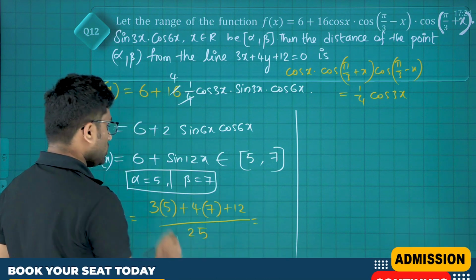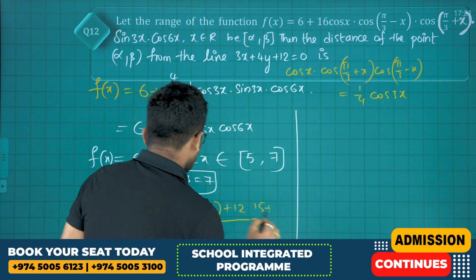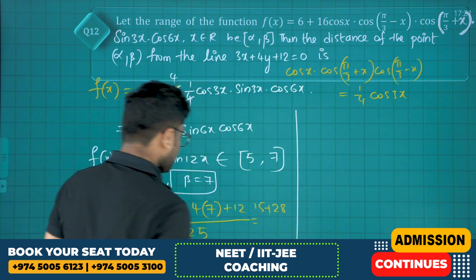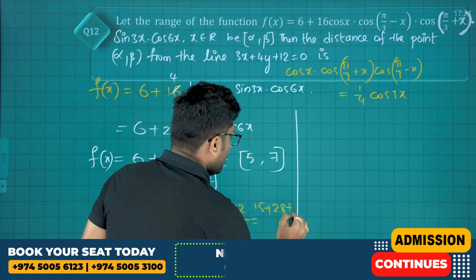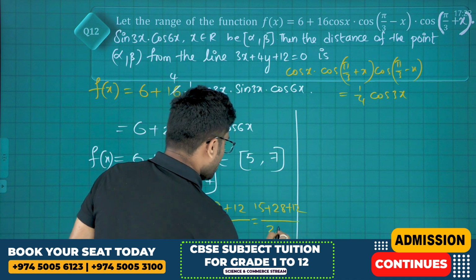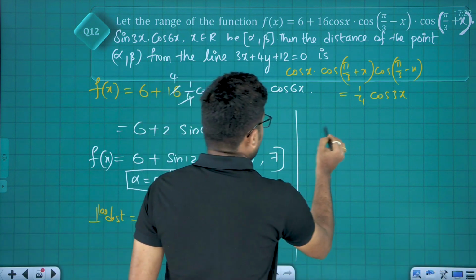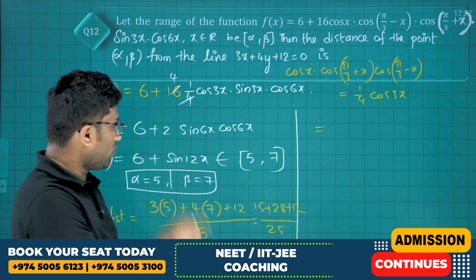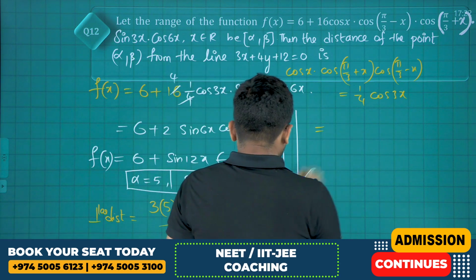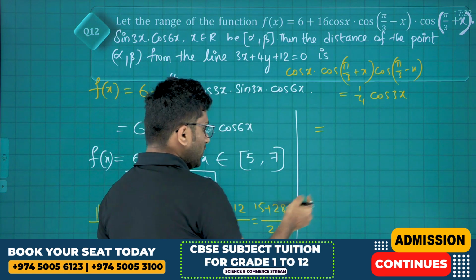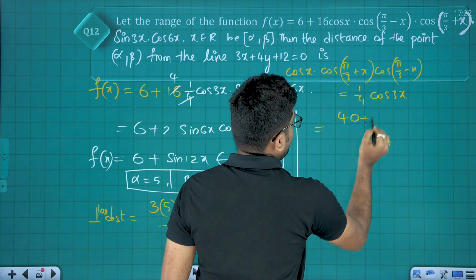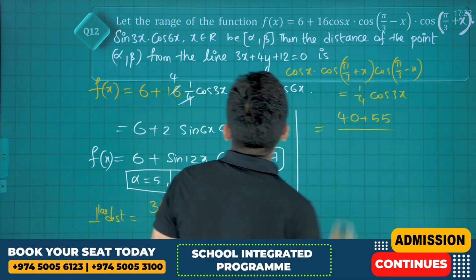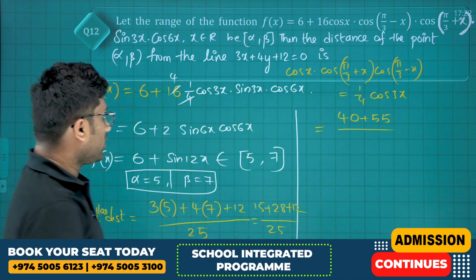So 3 5s are 15, 4 7s are 28, plus 12, whole divided by 25.